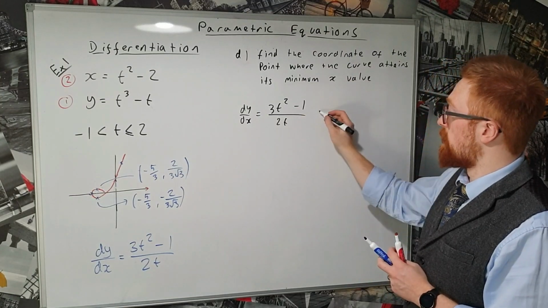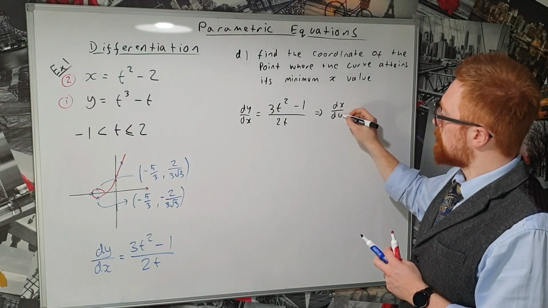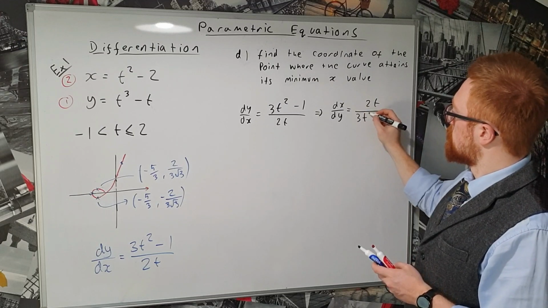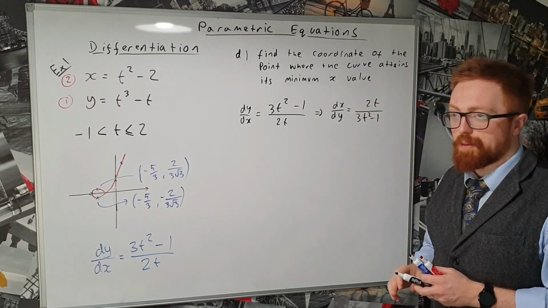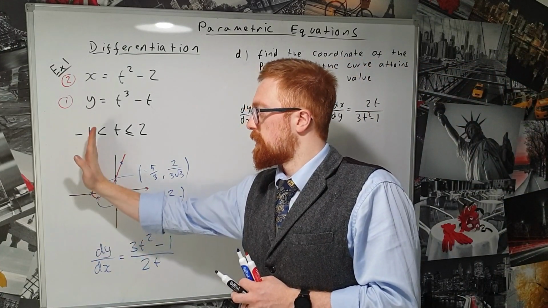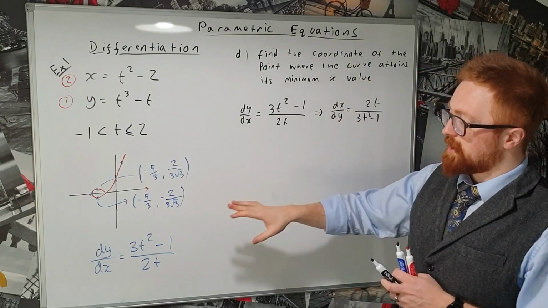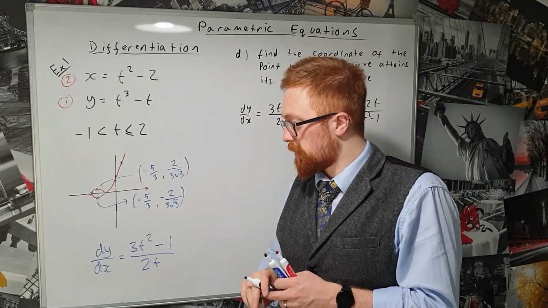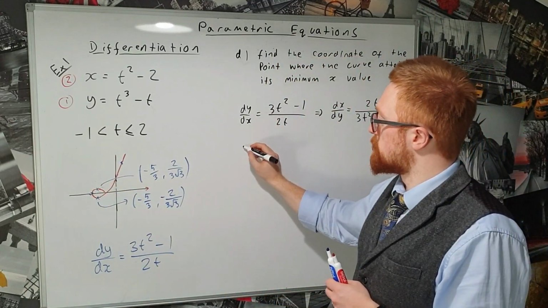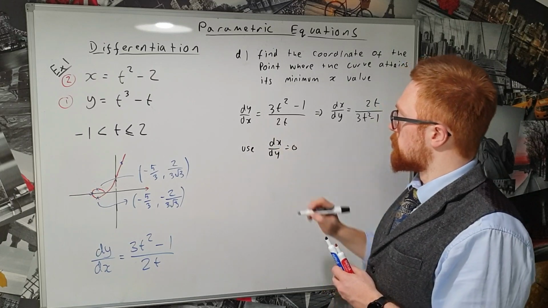What we can use, however, is the fact that dx dy is equal to the reciprocal of this. And now, because we're looking at dx dy, suddenly the gradient in terms of dx dy is well defined at this point, and it's equal to 0. So now we're going to use the fact that dx dy is equal to 0.